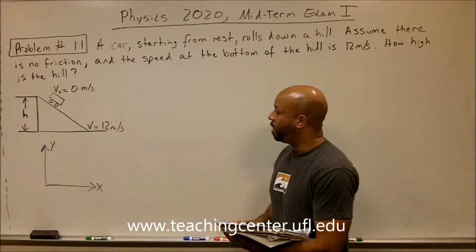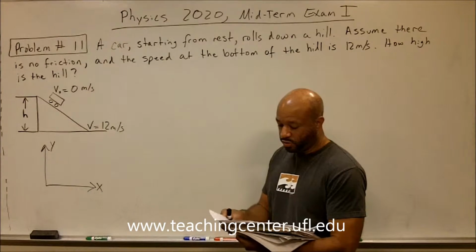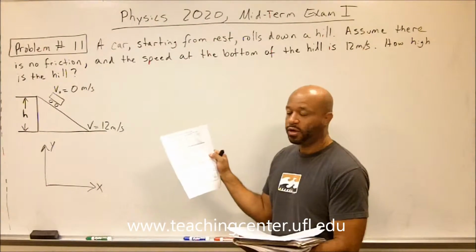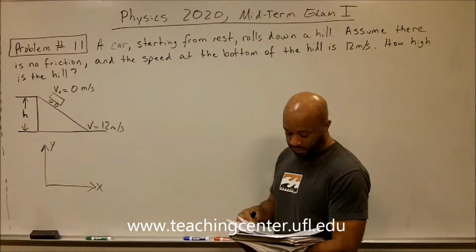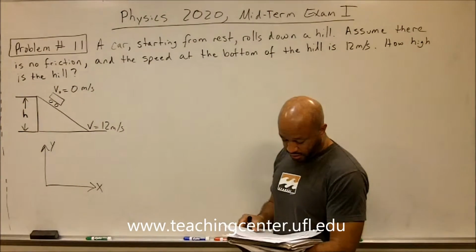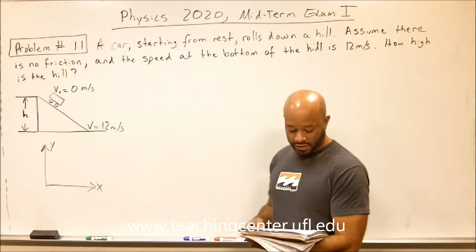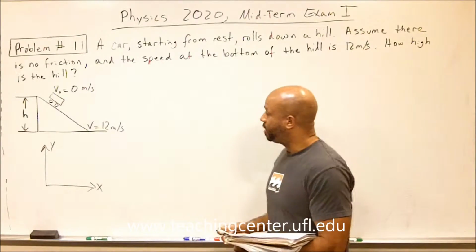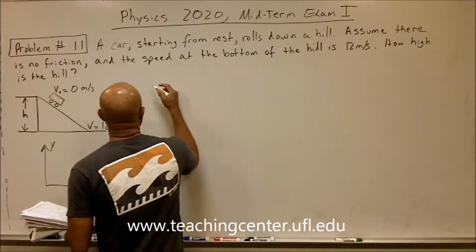And so if we keep that in mind, we can then go to our formula sheet that's given to us here for this particular exam. And if we look on our formula sheet, we can look at the section where it says conservation of energy.